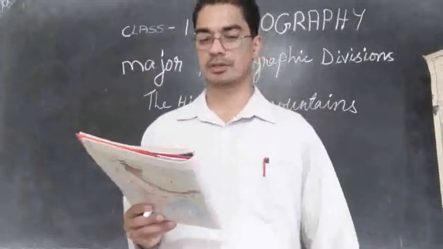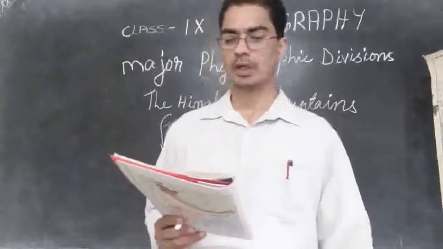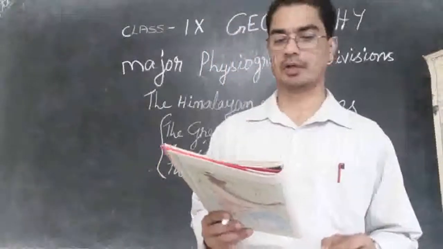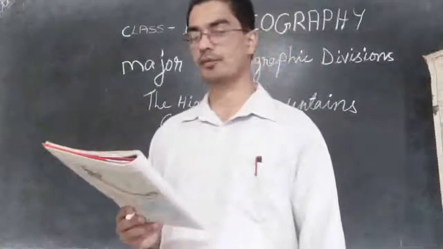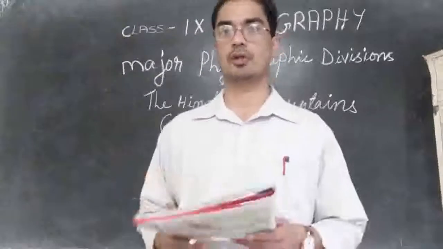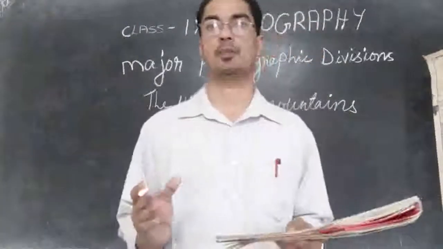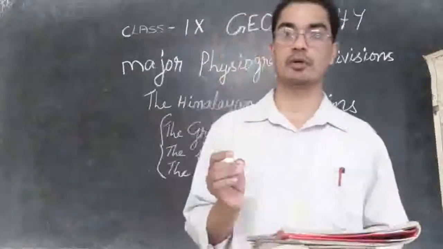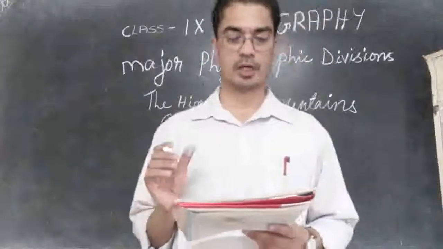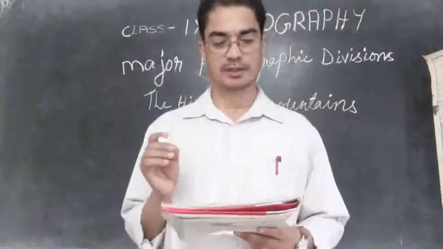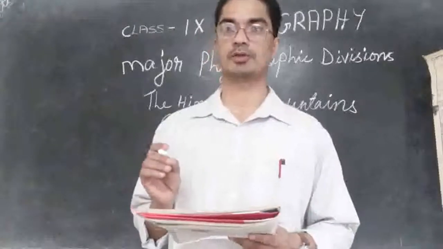And the core of this part of the Himalayas is composed of granite. So the core part, the innermost part of the Himalaya, is made of granite, very hard stones.